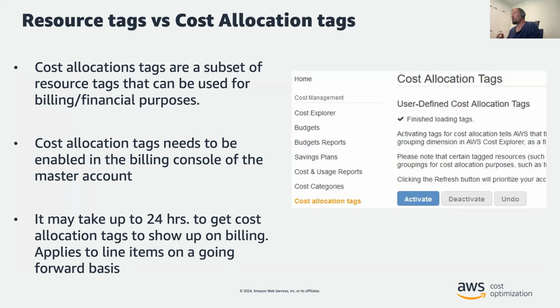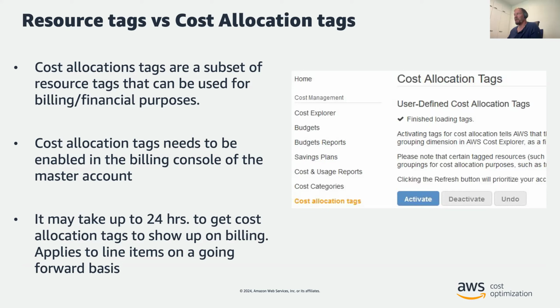Next slide. Good thing to understand, what is the difference between a resource tag and a cost allocation tag? Not really too much of a thing. You can tag resources with any tags, and then you can enable those tags to be cost allocation tags.